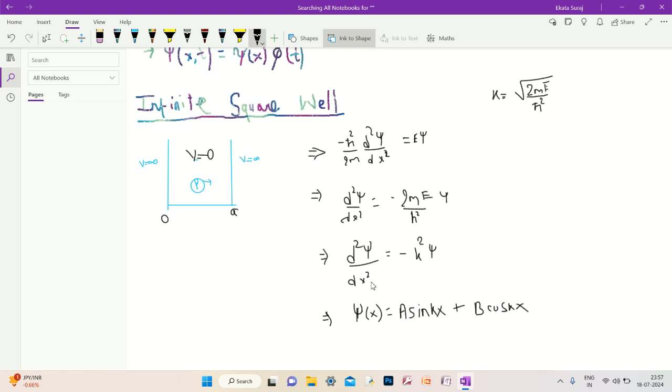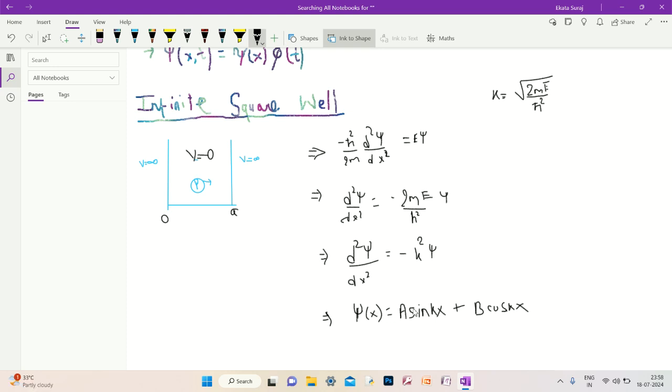There are some properties of the infinite square well that we are going to discuss, but they are very detailed, so I think it will take another separate video to explain how we can find this constant a, and why I have to choose sine kx, cos kx. What is the most general form of this solution?